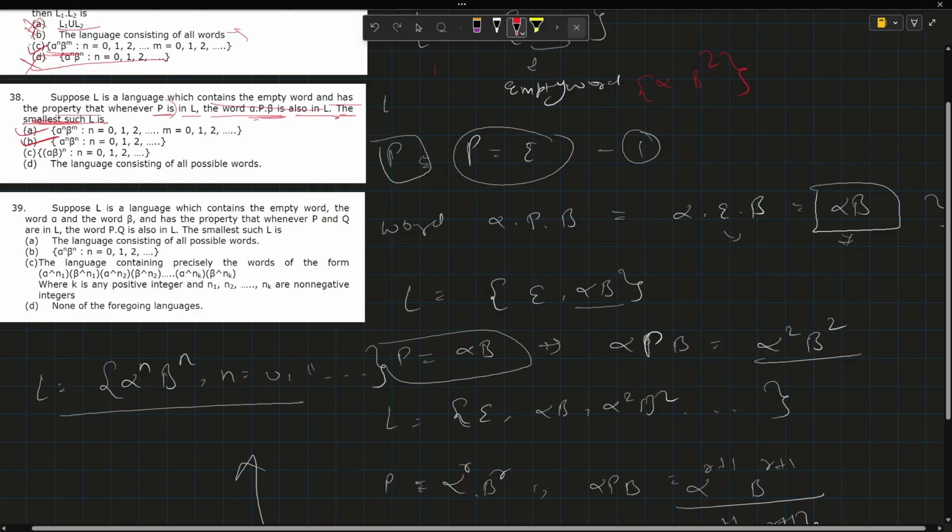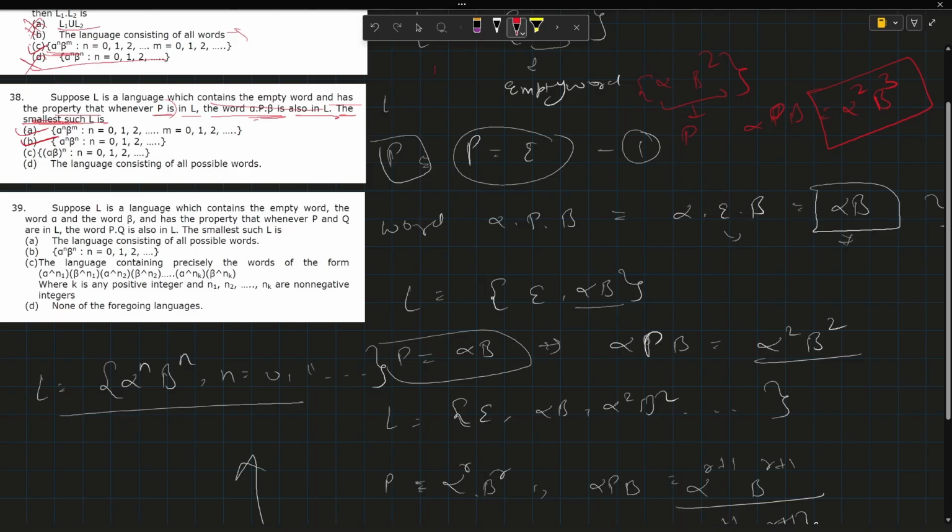Okay, so this is the one word that we took from the L, put it as P, and put it in the word alpha P beta. Now it would look like alpha square beta cube. Because of this expression, which is the combination of all possible words that can be made from alpha and beta, this is also inside that L only. That's why this is also a correct option, but considering the smallest condition, we have to consider this one only, B option.